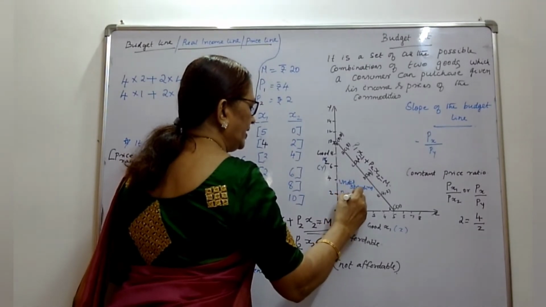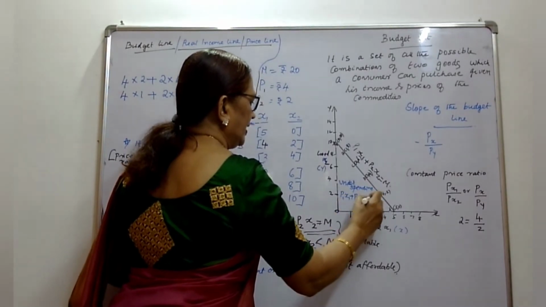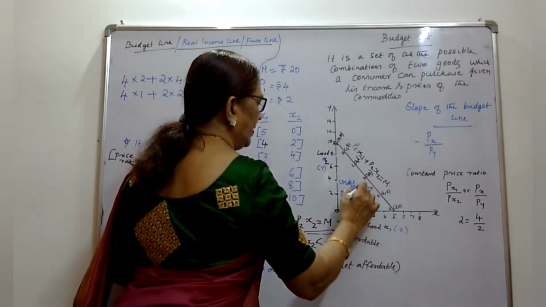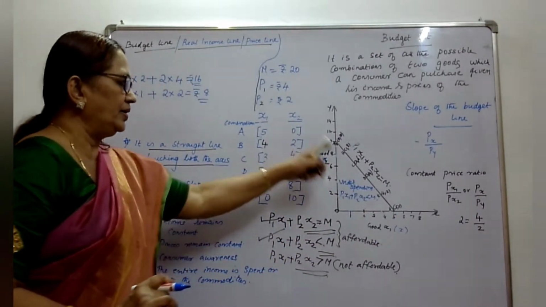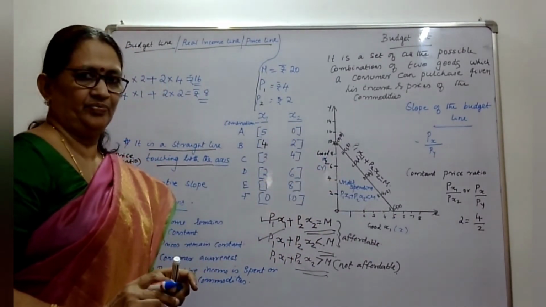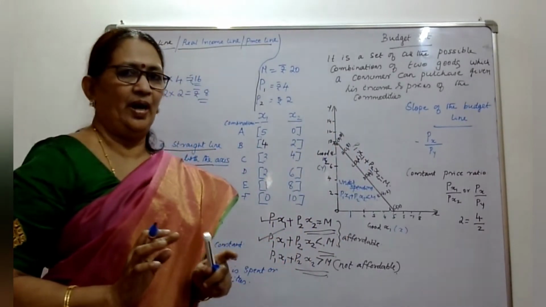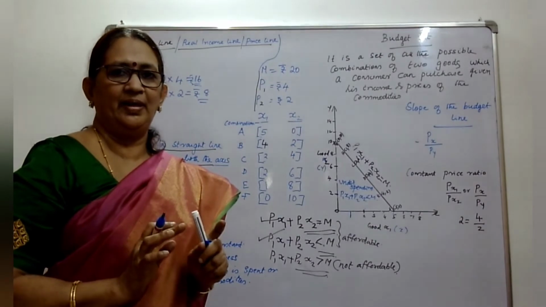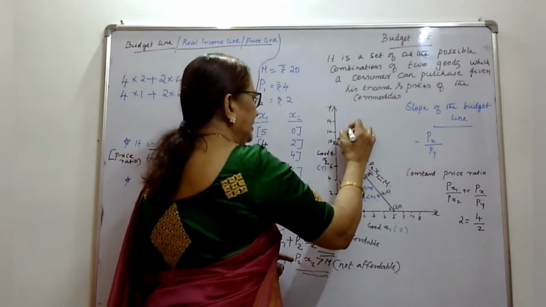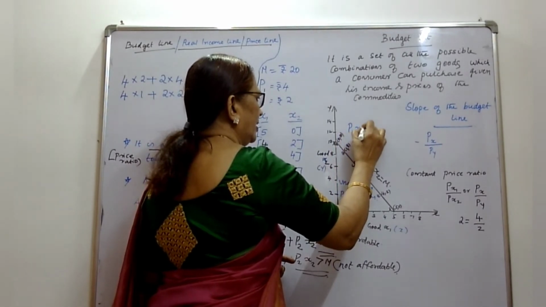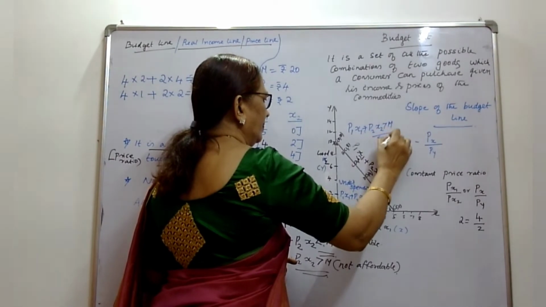P1 x1 plus P2 x2 less than income will come inside the budget line OAF. On the budget line, it is equal to income. So, what about beyond this budget line? Now, I think it is clear to you. All the bundles that come beyond the budget line will be greater than income. P1 x1 plus P2 x2 will be greater than M.